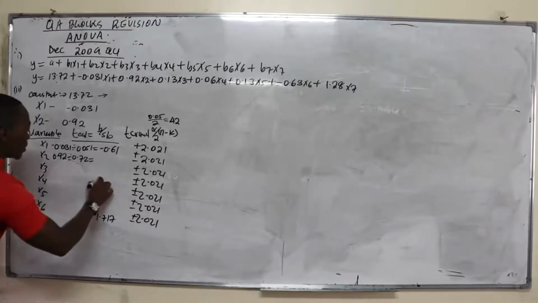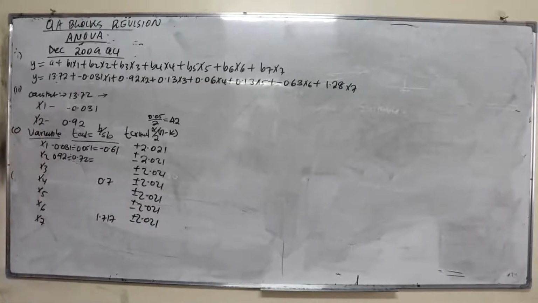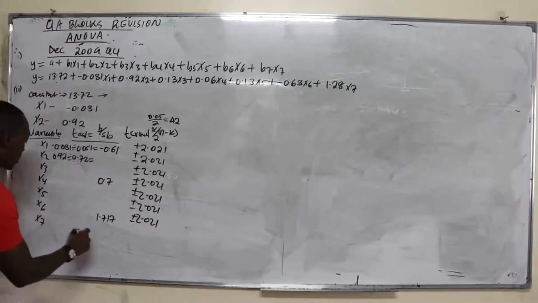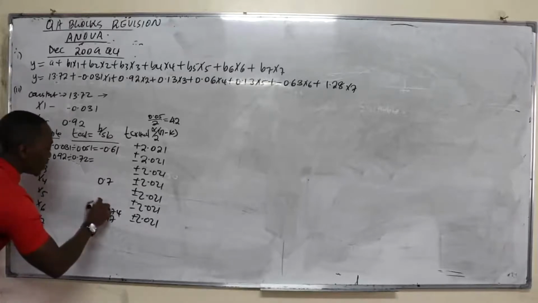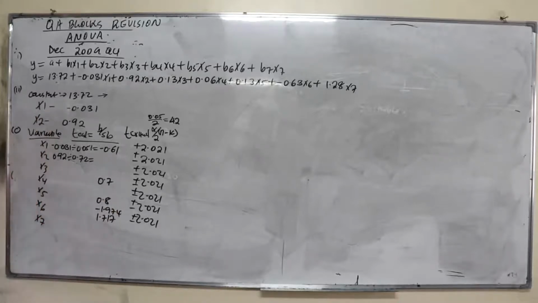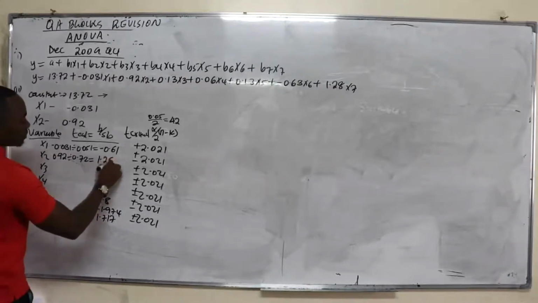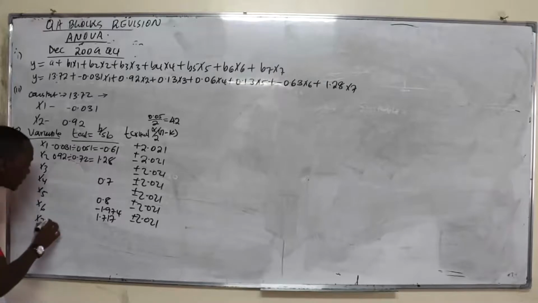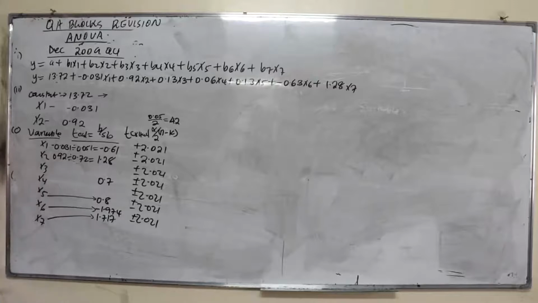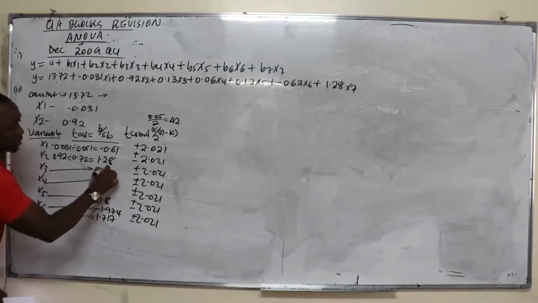X4 is 0.7. Then X5, X6, X7, and X3 is 2.51.